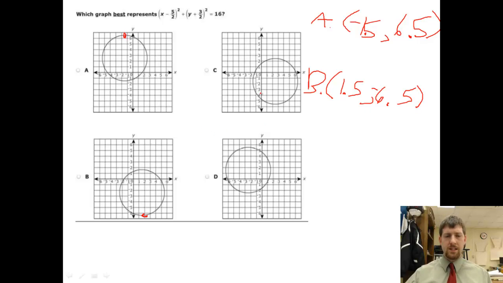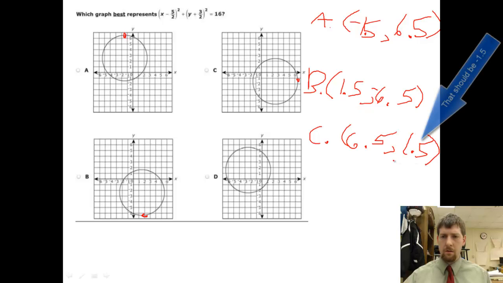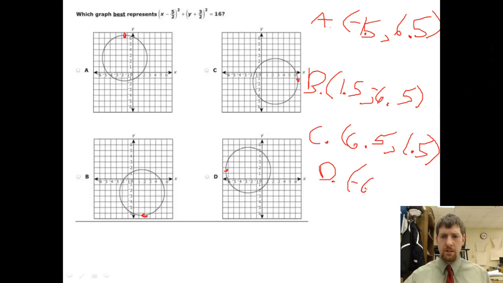And then we go to choice C. This far right point looks unique, so that's over 6.5 and down 1.5. And then choice D, this far left point, which looks like -6.5 and up 1.5.